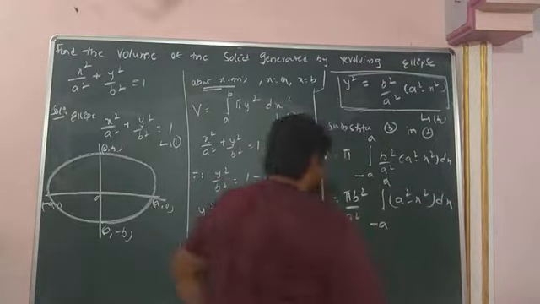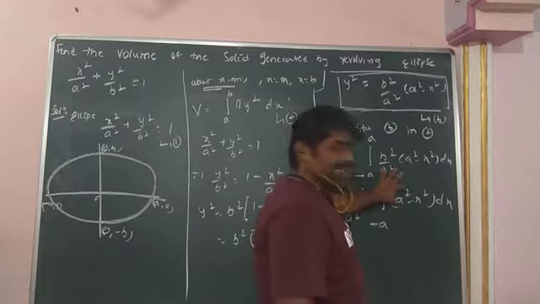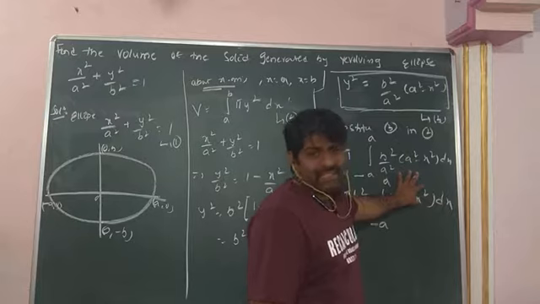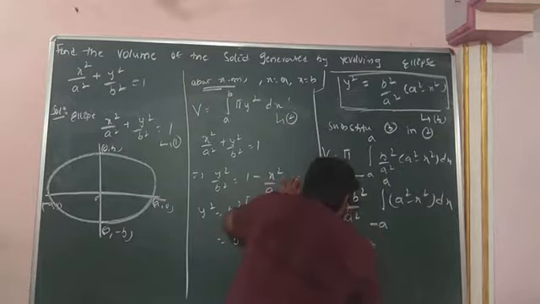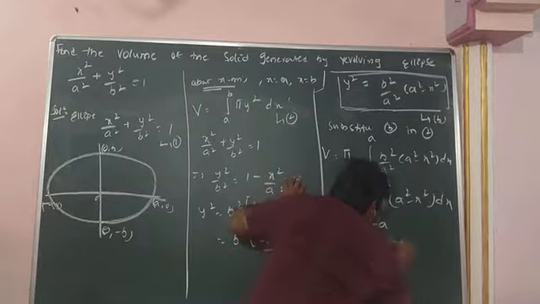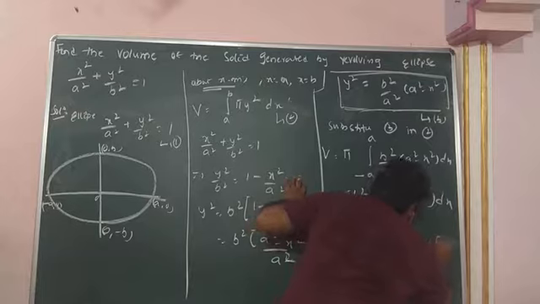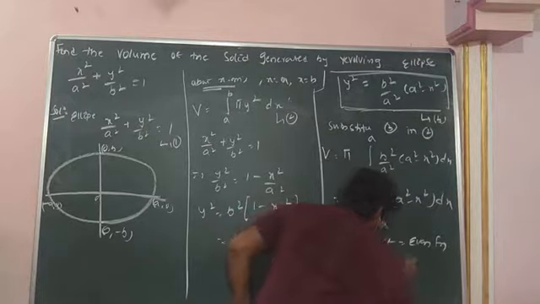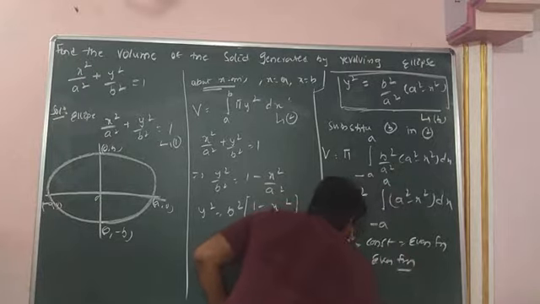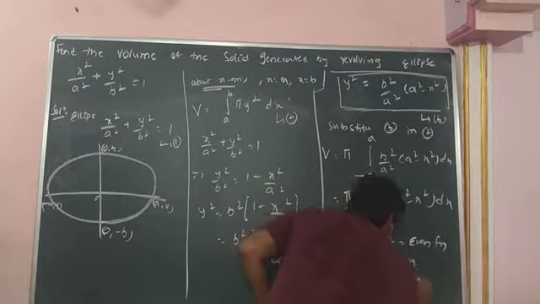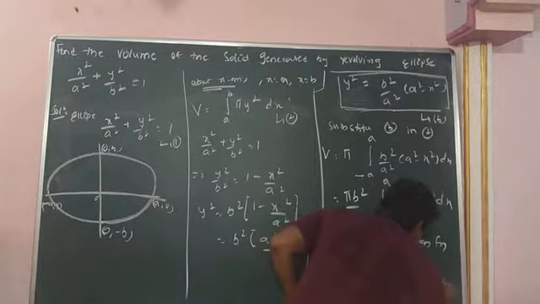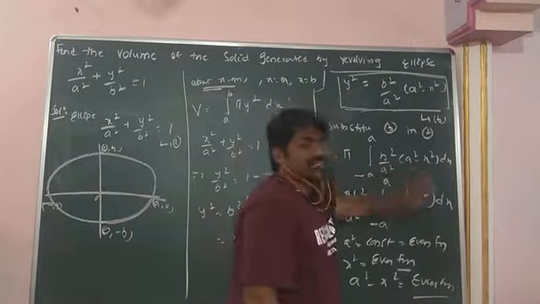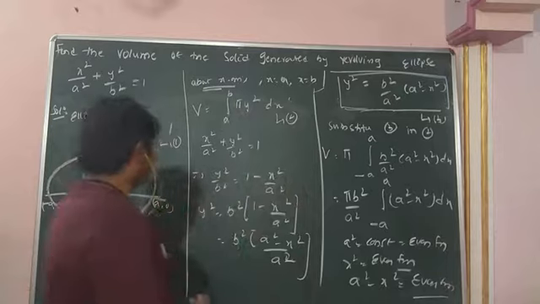Here a is a constant, and a constant is an even function, and x square is an even function. So a square minus x square becomes an even function.